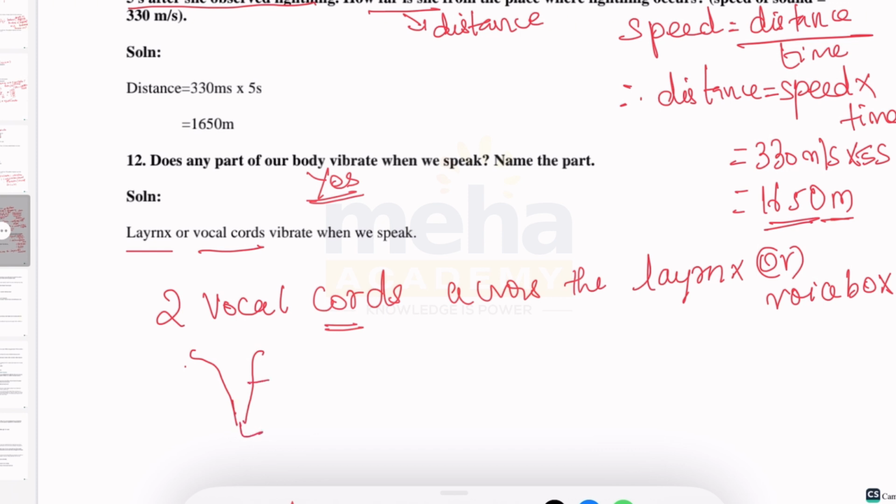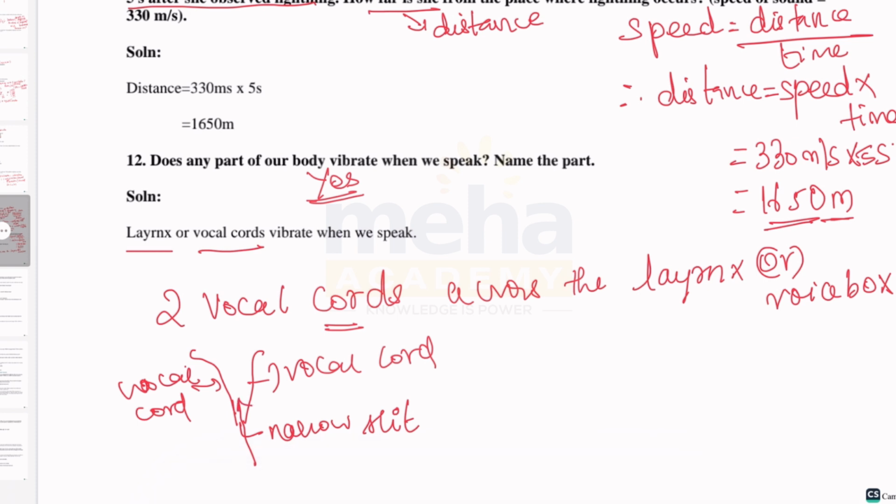You see, this is the vocal cord, this is the vocal cord, and we have a narrow slit here. When air enters the narrow slit, vibrations are produced, generating sound.